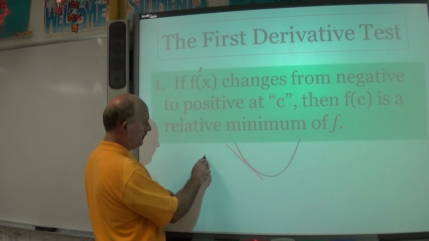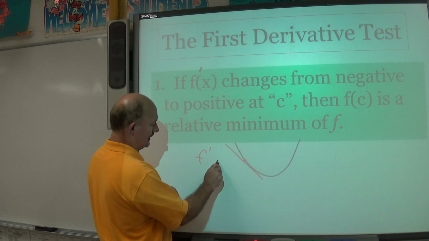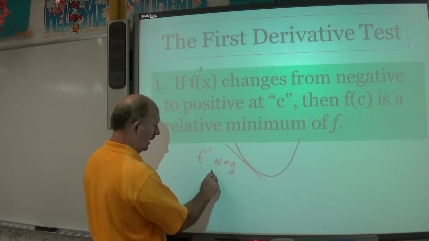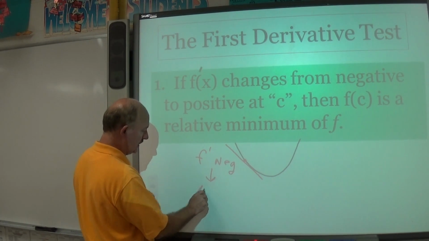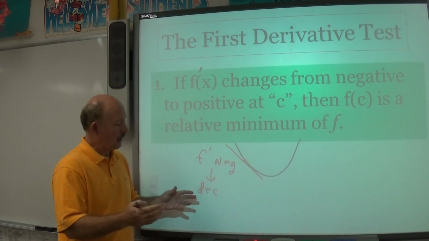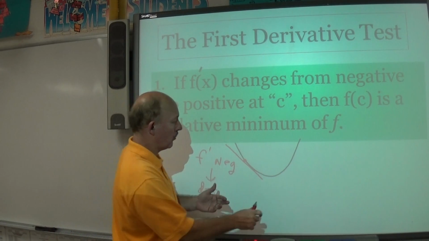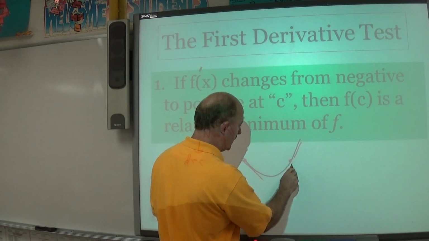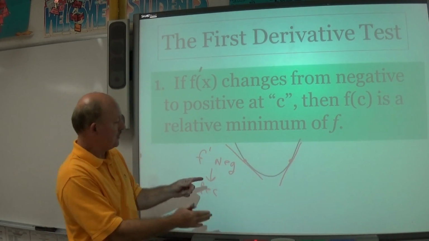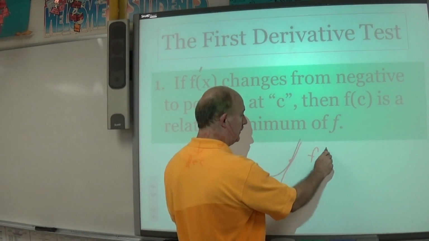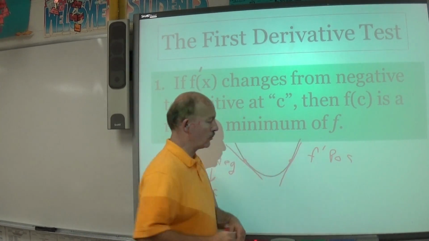Now the derivative is negative. Right away that tells us that the graph is decreasing. Now you draw a tangent line to the curve at another point on the graph. Let's say over here. So as you draw this tangent line, this time that tells us that the derivative is positive, right? So the derivative is positive.